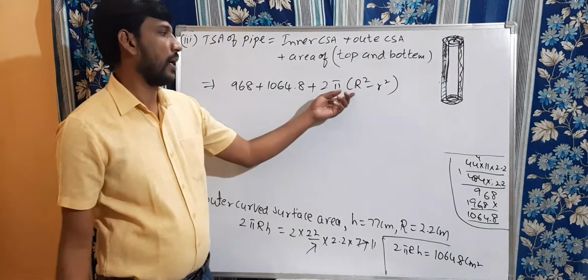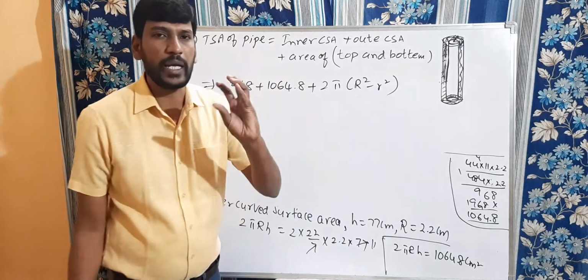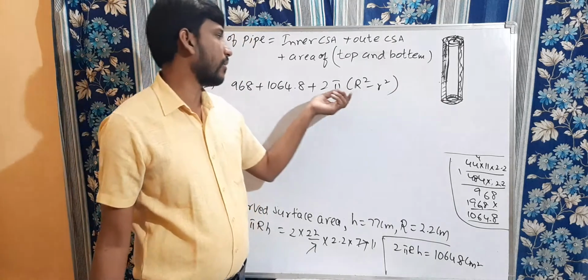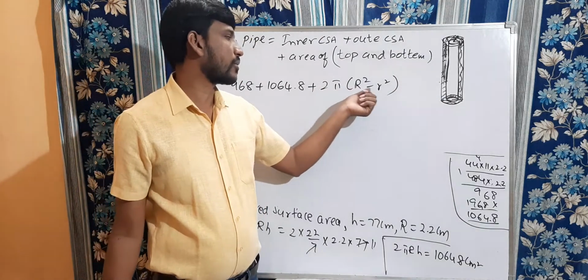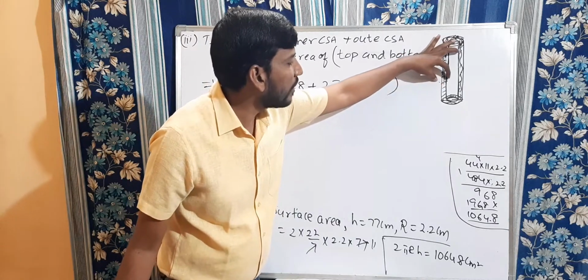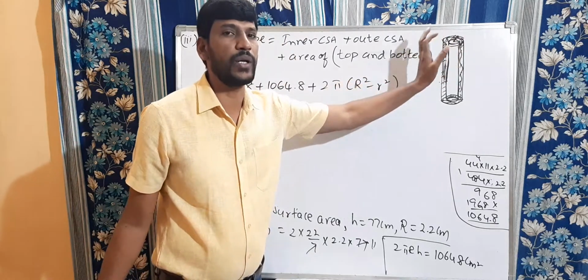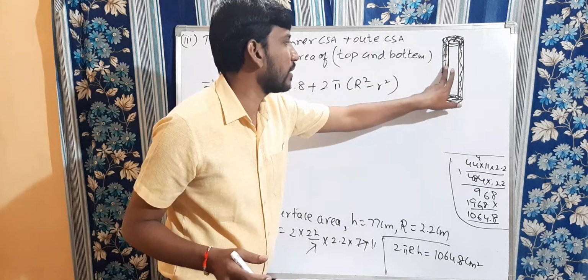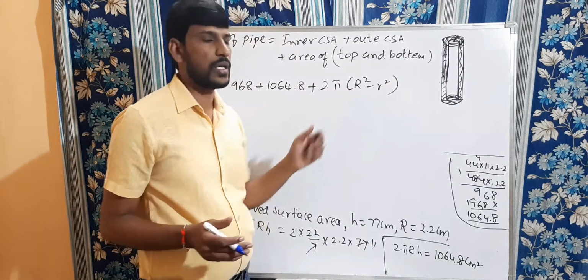That is the formula, just keep it in mind. The area of a ring we already discussed in the previous classes. Between inner and outer you have some space, some area, which we can find using this formula.